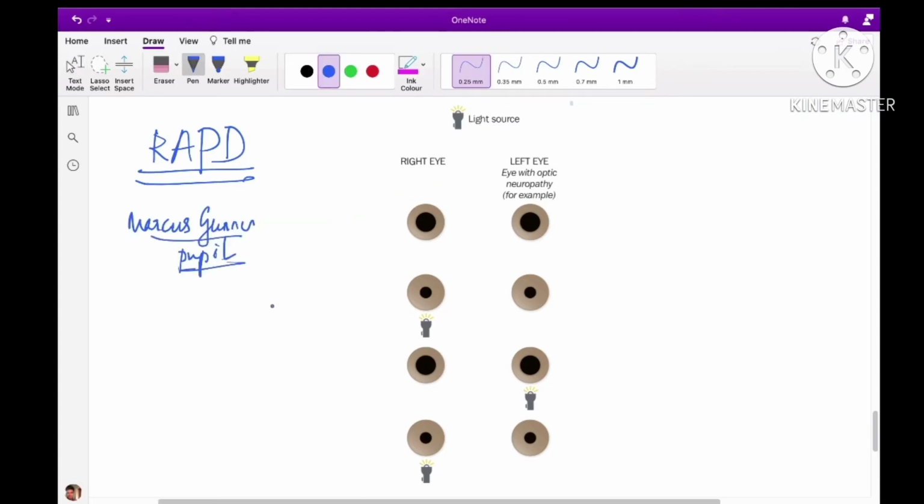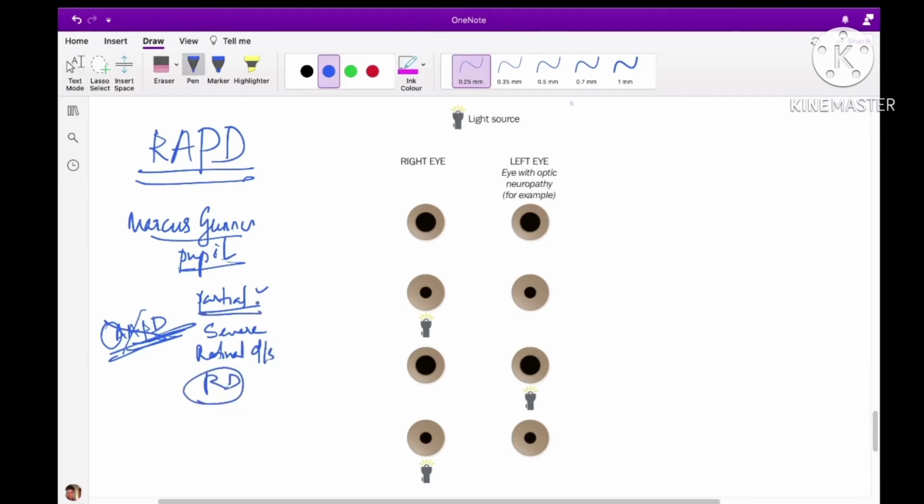It is seen in partial optic nerve lesions. Earlier we saw the AAPD, the absolute afferent pathway defect, in complete optic nerve lesion, but here it is a partial optic nerve lesion, and also severe retinal diseases like retinal detachment.